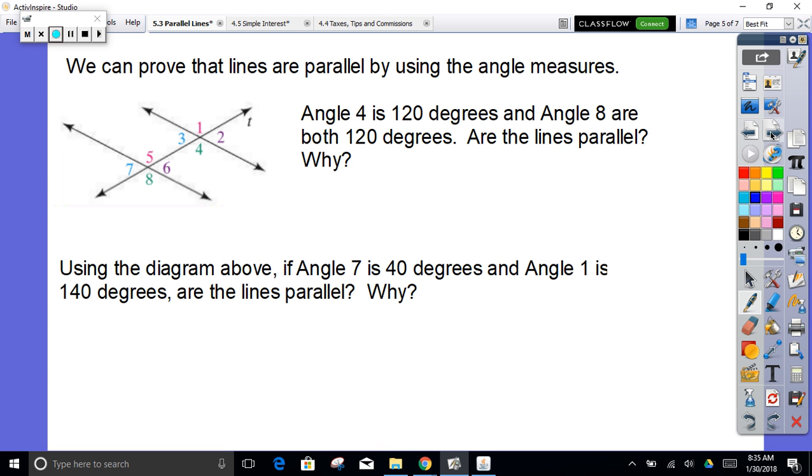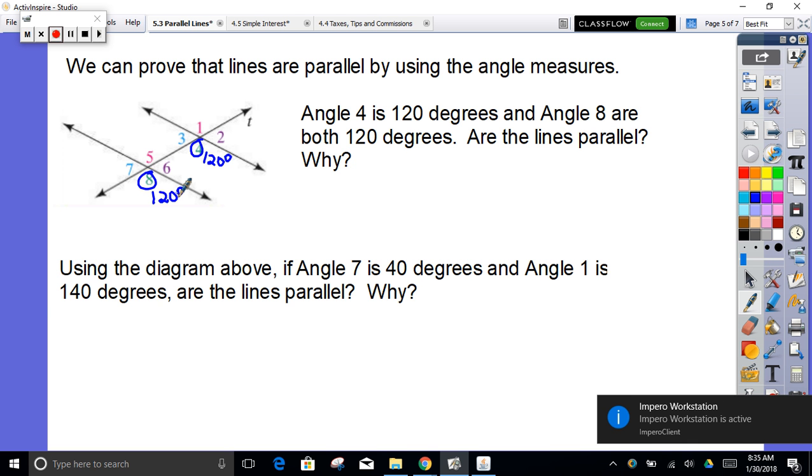It says angle 4 is 120 degrees. So this angle is 120 degrees. And angle 8 is 120 degrees. Are these lines parallel, and why would they be parallel? Adria? Aren't they corresponding? They are corresponding. Yeah.